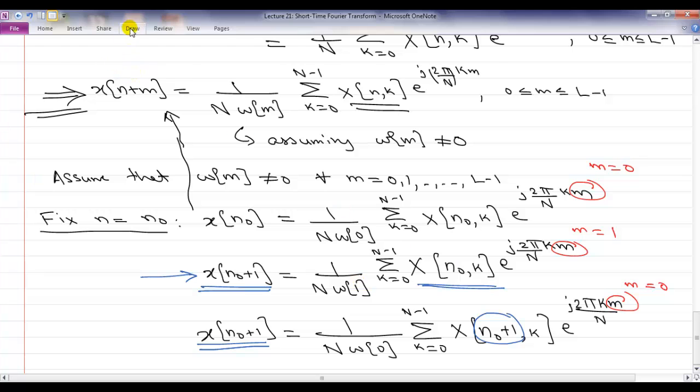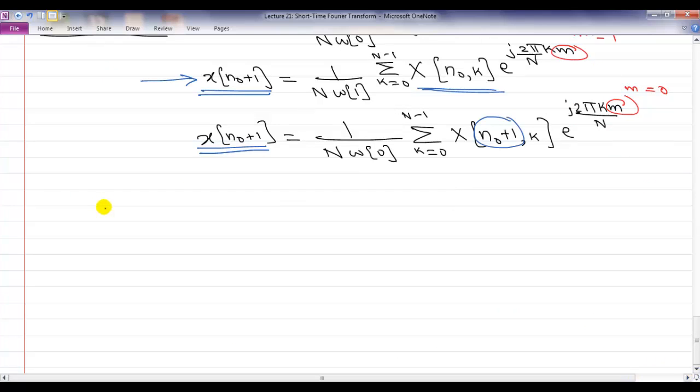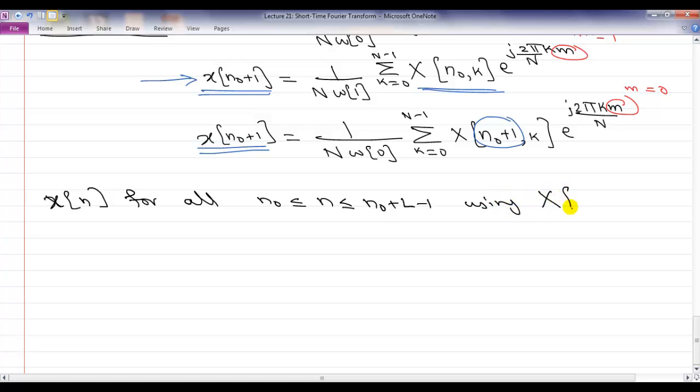So the general principle is that we can recover little x of n for all n between n naught and n naught plus L minus 1 using capital X of n naught, k only.